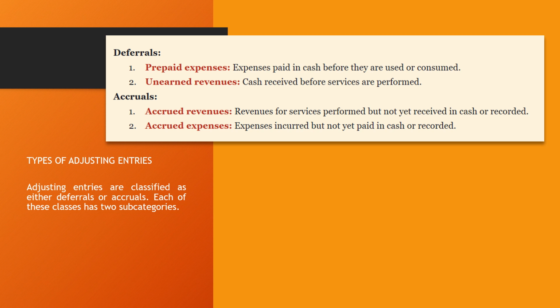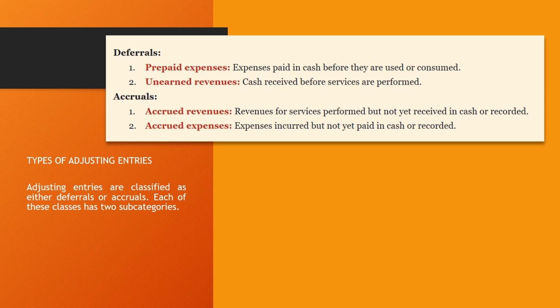So there are deferrals and accruals, right? Adjustment entries are classified as either deferrals or accruals, and each of those has subcategories. Deferrals include prepaid expenses, which are expenses paid in cash before they're used, and unearned revenues, which is cash received before services are performed.